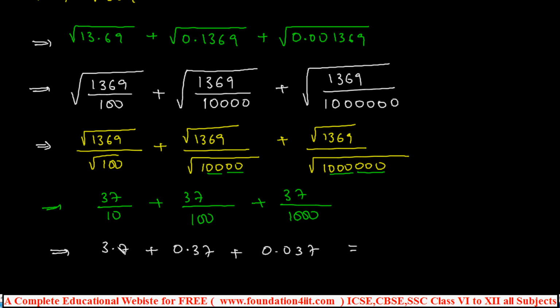You just add these three numbers, and that is the answer. 3.7 plus 0.37 plus 0.037. For the gaps, you can fill in zeros if you want: 3.7 is nothing but 3.700, and 0.37 is nothing but 0.370.